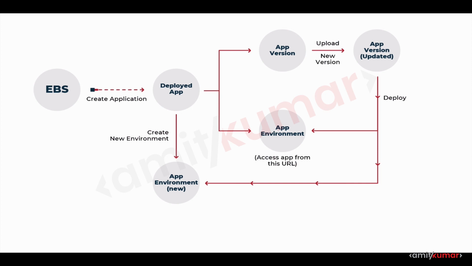It has a button, a feature which says upload and deploy. Okay. So yeah, upload and deploy we can do straight away from the app environment. From any of these app environments, it can be done. And then the new app with the new version will be deployed in that environment.